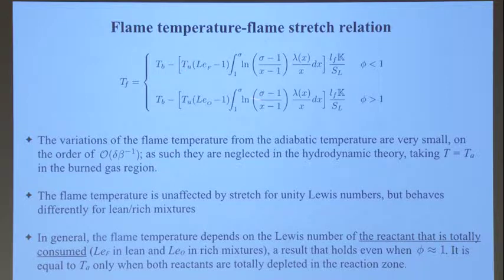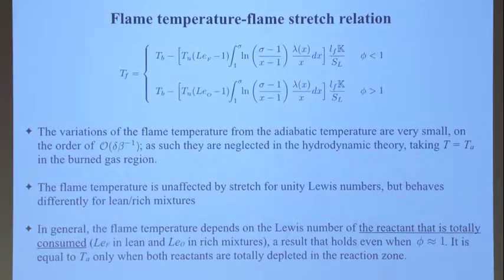There is a correction, but note that here it doesn't depend on the effective Lewis number. It depends on the Lewis number of the fuel in a lean situation and the oxidizer in a rich situation. And that's what the numerical results also show.